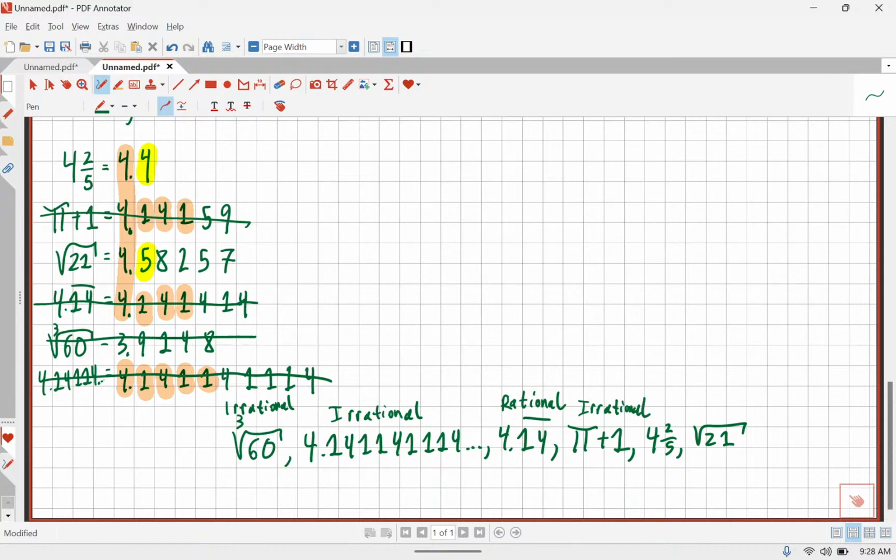It's got a pi in it. How about 4 and 2/5? It would be rational because of two things. Number one, its decimal has an ending. And also, you can write it as 22/5, which is a fraction of integers. So that right there is rational.